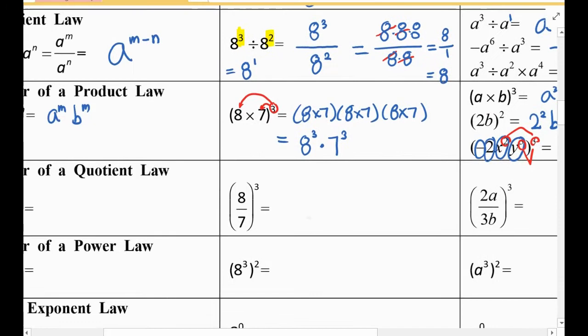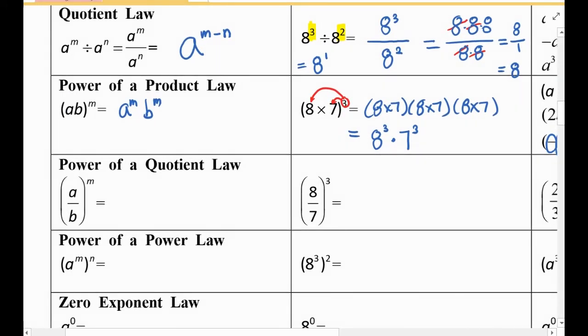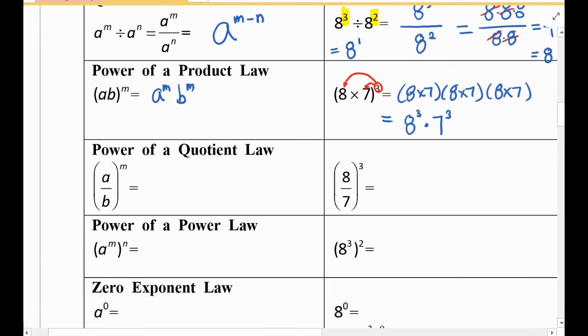So this is power of a product. Power of a quotient. So you can just simply do 8 cubed divided by 7 cubed. So here the formula will be a to the power of m over b to the power of m.